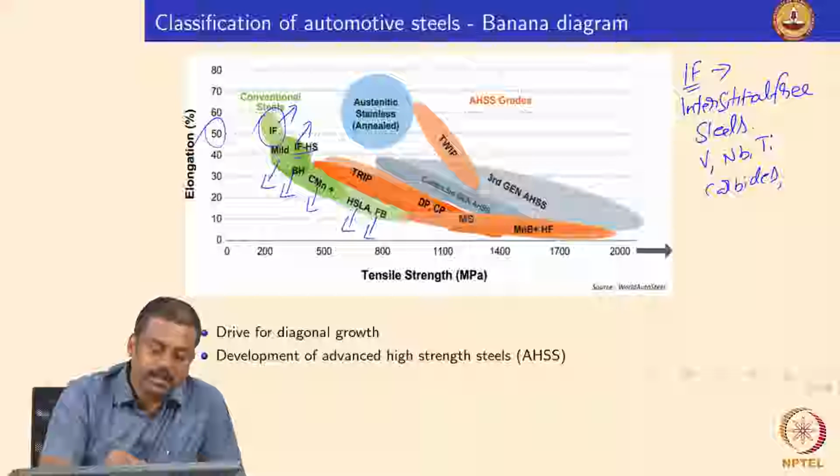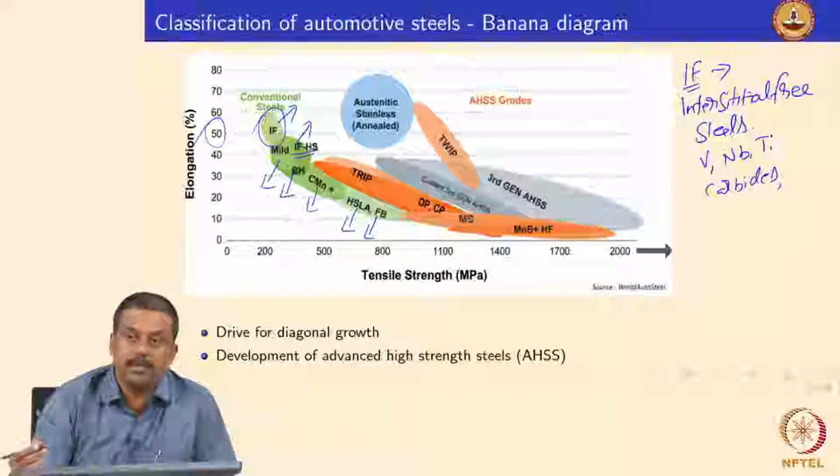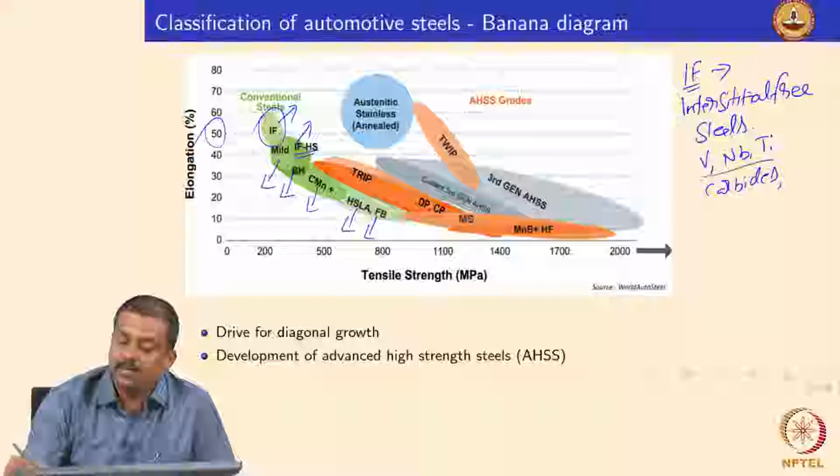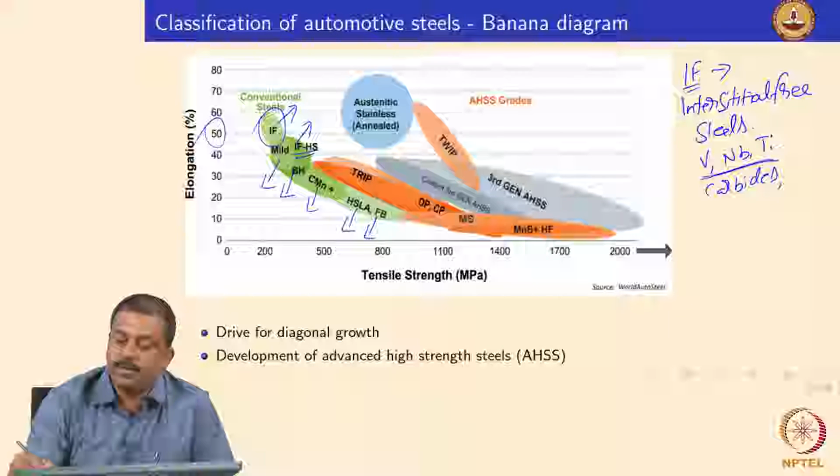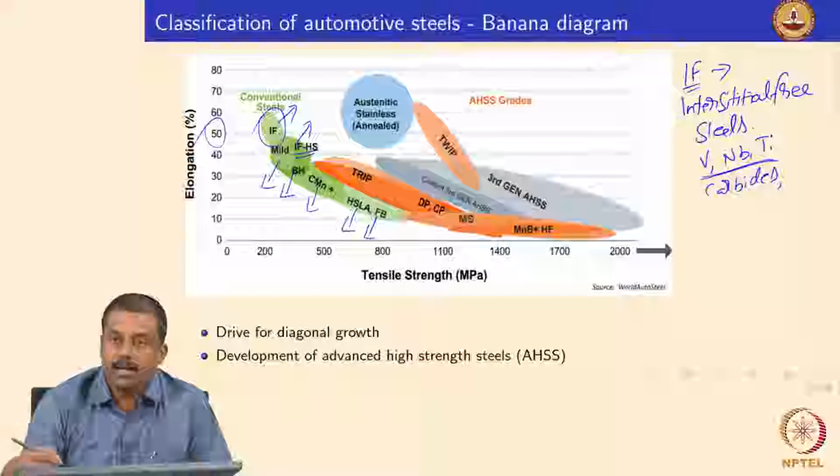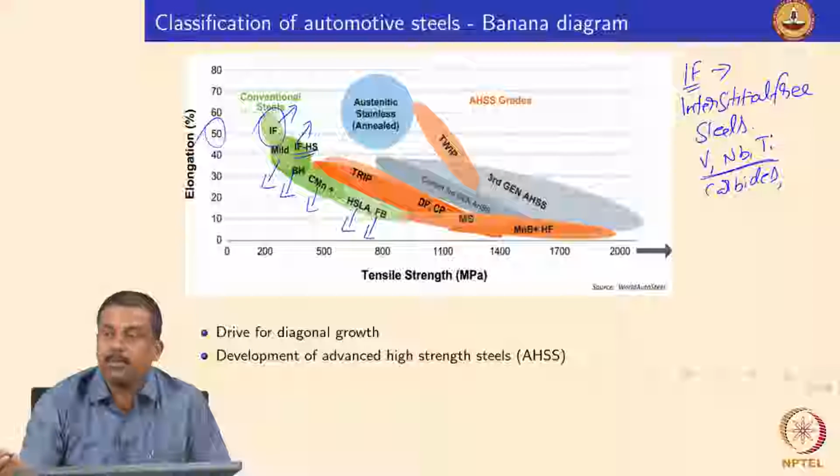The IF high strength steels possess a slightly higher amount of micro alloying additions of niobium, vanadium and titanium to increase the precipitate volume fraction in the microstructure, thereby providing precipitation hardening.